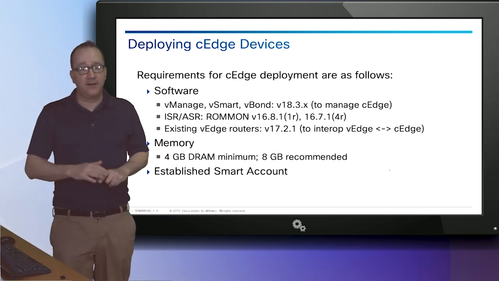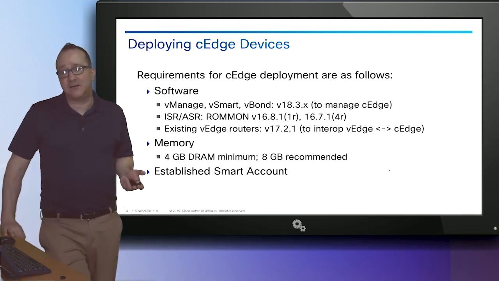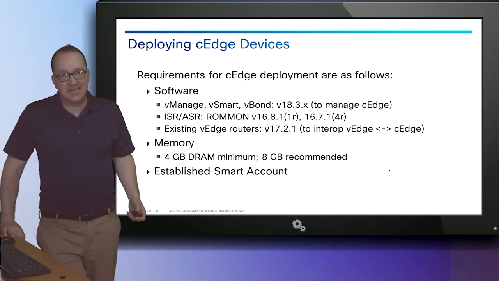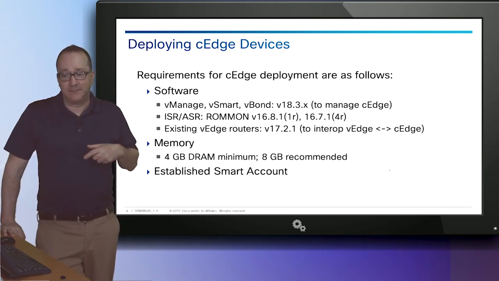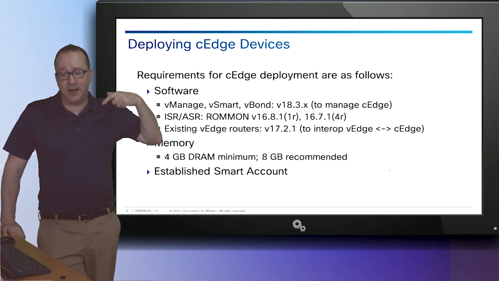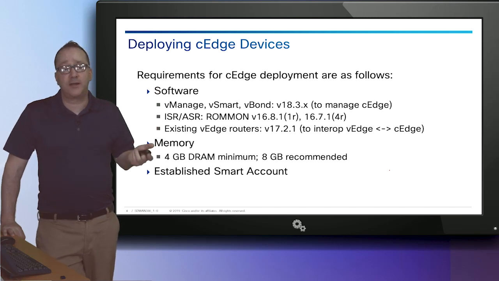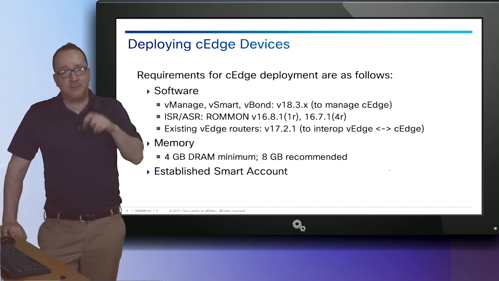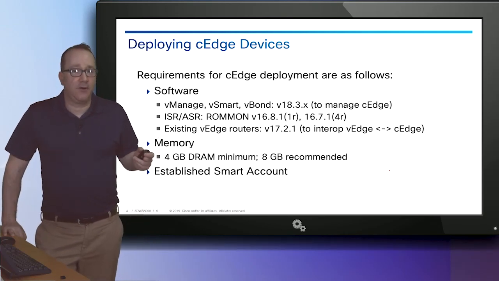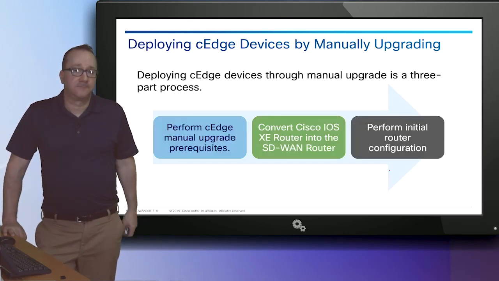If you try to run vEdge software that's higher than the vManage, it's not going to be able to register. So if you plan to deploy the system, upgrade your vManages before you upgrade your vEdge devices. We're going to talk about that in our OAM section later.